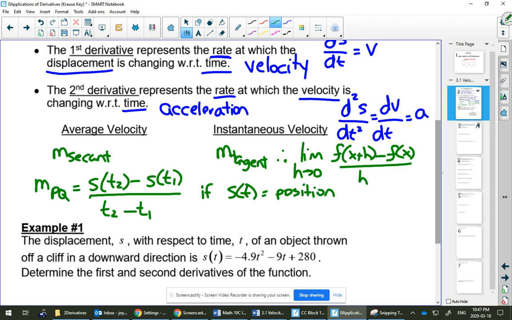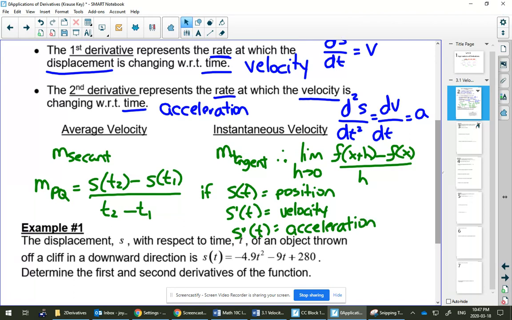If we're given s prime of t, the first derivative, that's velocity. And if we're given s double prime of t, the second derivative, that's acceleration. If any of that's something you need to go over again, pause the video, back it up, and then you can come forward to the next example.